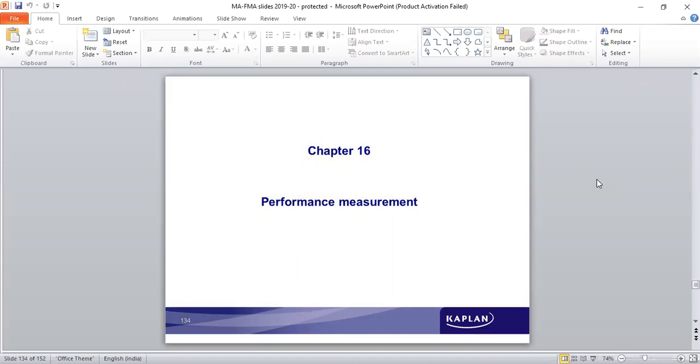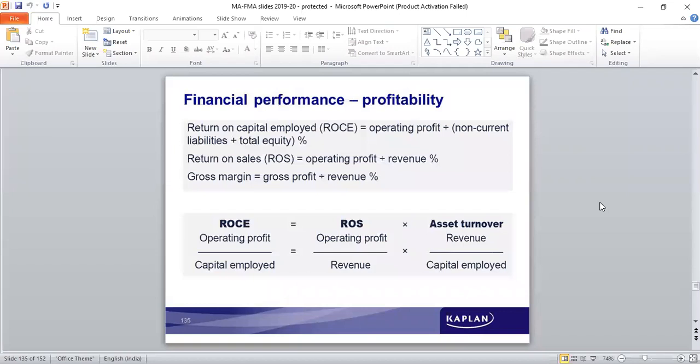This is called performance measurement or performance management. What does it mean basically? See, when the planning is implemented, whether the implementation is according to the plan or not is what has to be verified.